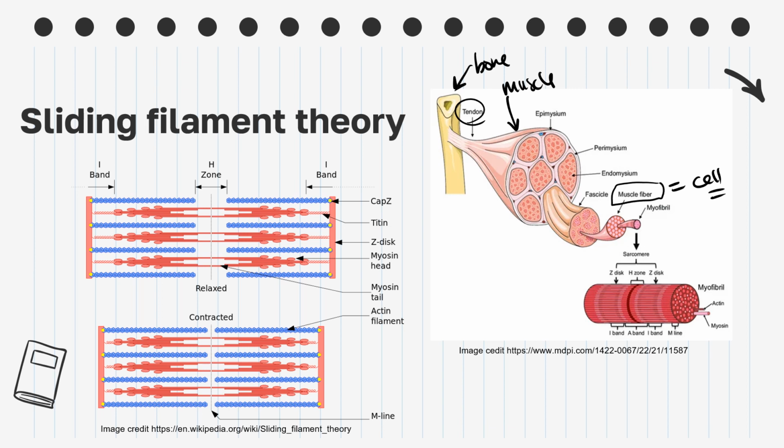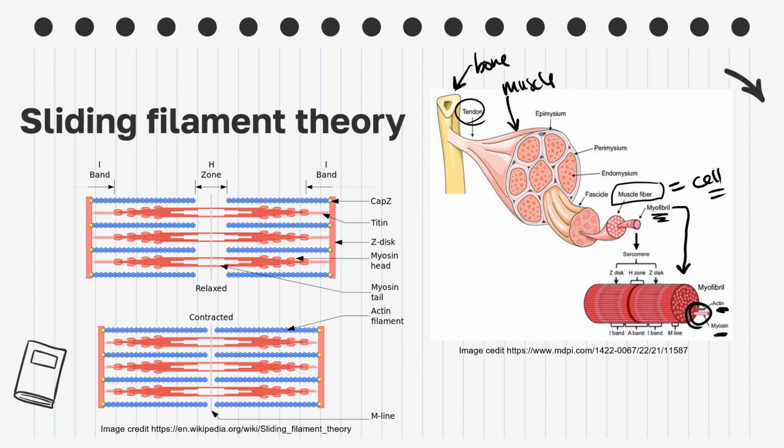Inside our muscle fibers, we have that cytoplasm and some mitochondria and lots of nuclei, but also we have these long strands, these chains of proteins called myofibrils. And we are zooming in on one myofibril here. These myofibrils are composed of lots and lots of bundles of actin and myosin proteins.